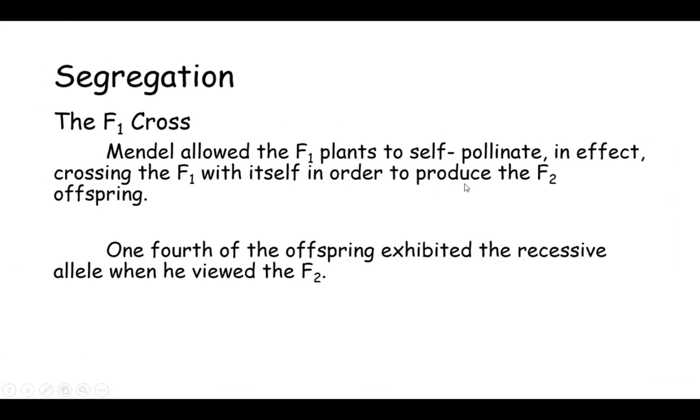Segregation. The F1 cross. Mendel allowed the F1 plants to self-pollinate, in effect, crossing the F1 with itself in order to produce the F2 offspring. 1/4 of the offspring exhibited the recessive allele when he viewed the F2 or filial 2.